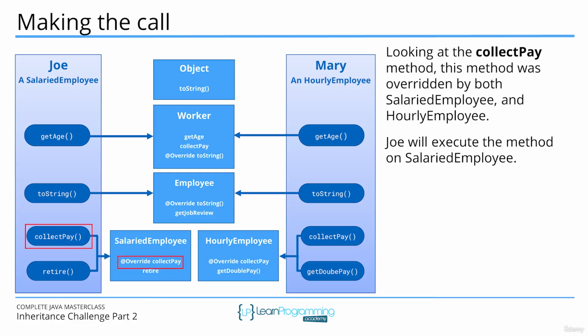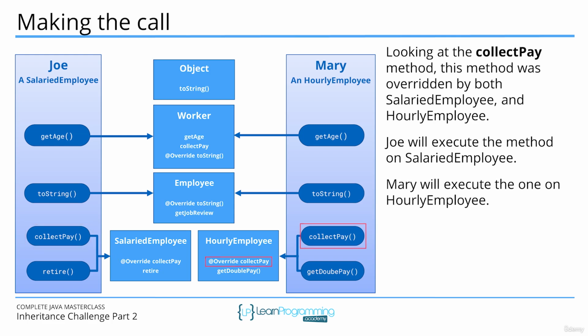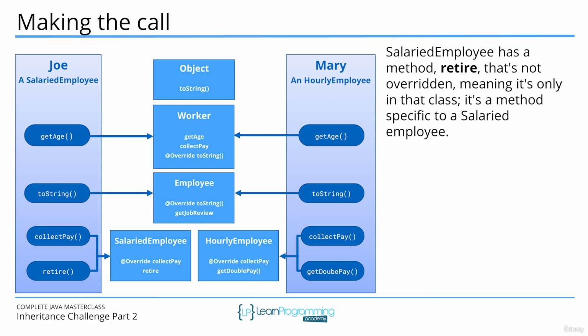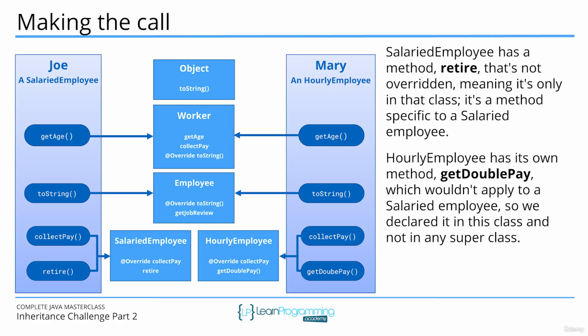Joe will execute the method on SalariedEmployee, and Mary will execute the one on HourlyEmployee. Finally, SalariedEmployee has a method retire that's not overridden, meaning it's only in that class. It's a method specific to a salaried employee. An HourlyEmployee has its own method, getDoublePay, which wouldn't apply to a salaried employee, so we declared it in this class and not in any superclass.